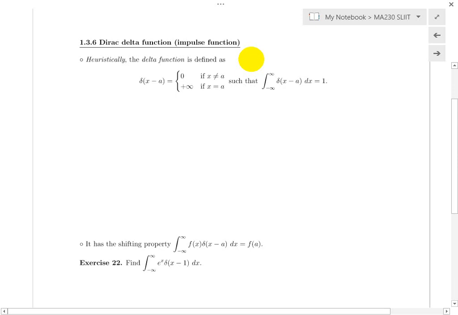So what we do, for simplicity, let's say a is 0. So let's consider this function. Now in this case, what you really get is delta x to be 0 if x is not equal to a, so 0, and infinity if x equals 0.